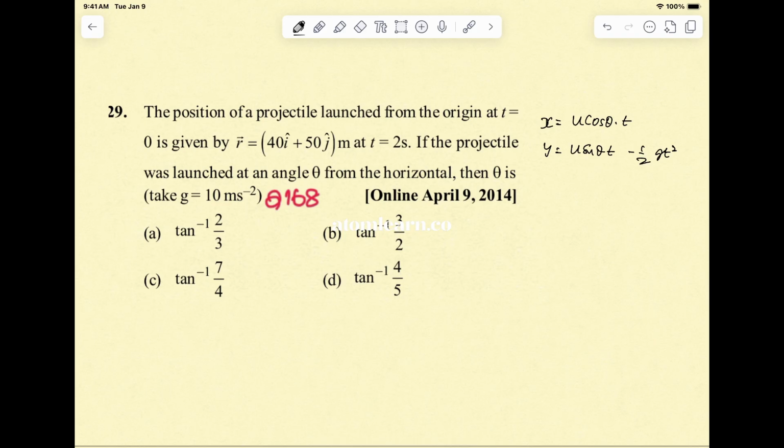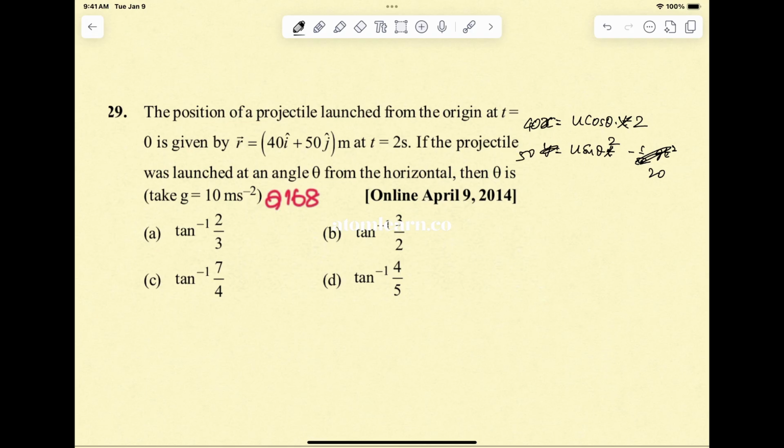Here it is given t equal to 2 seconds. Therefore this is 2, and this is 2, and half g t squared becomes 5 into 4 equal to 20, minus 20. Now at this time x is given as 40 and y is given as 50.